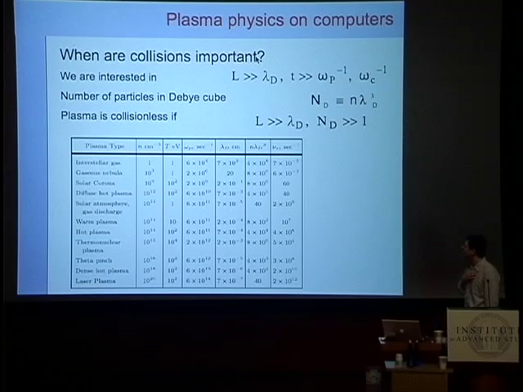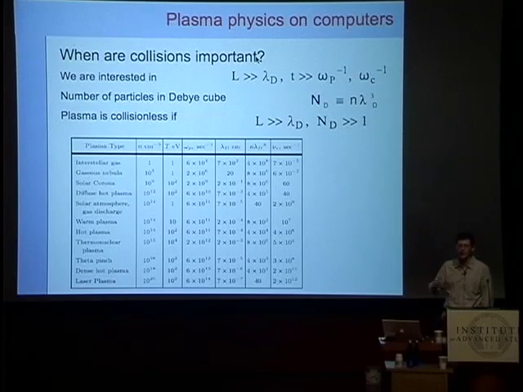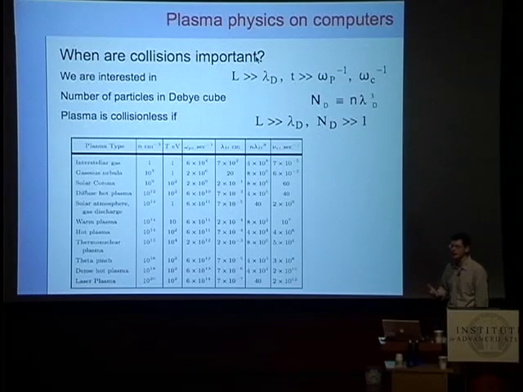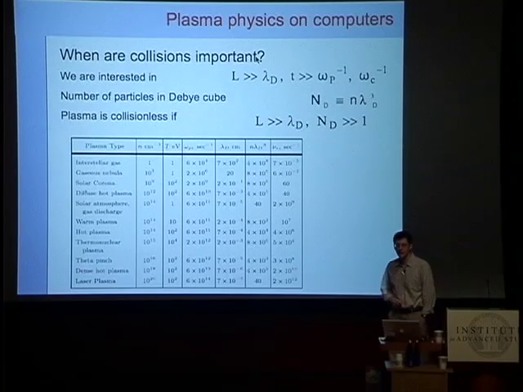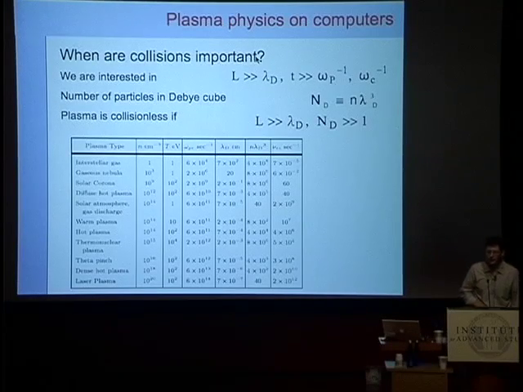So you can go ahead and calculate what the typical cross section for a particle collision is, and then ask what kind of plasma you need to have when you have to care about individual particle collisions. And what you find out is that, kind of paradoxically, the denser your plasma is, the less you have to worry about collisions. And the reason for that is the following.